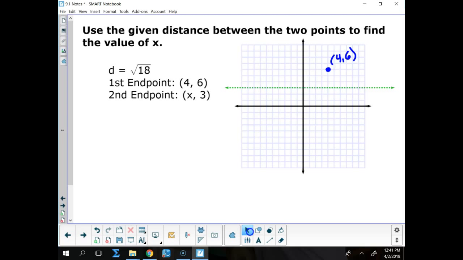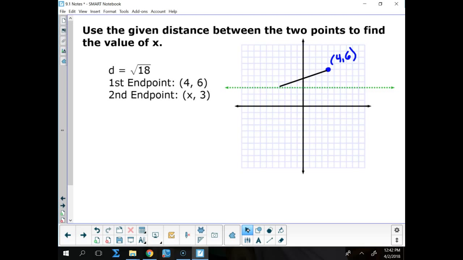Okay? So, if I were to draw out a line segment, that distance right there would have to be the square root of 18. Is that the only spot that could be? Why not?